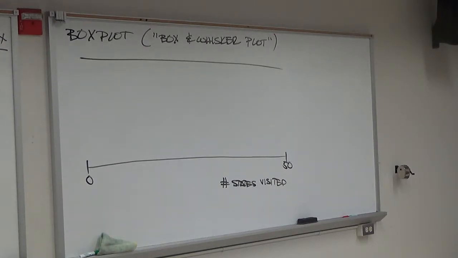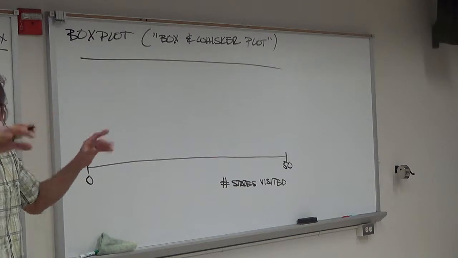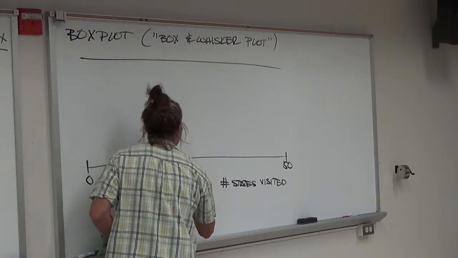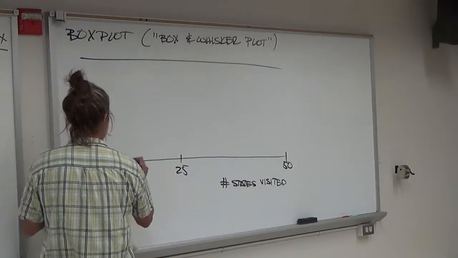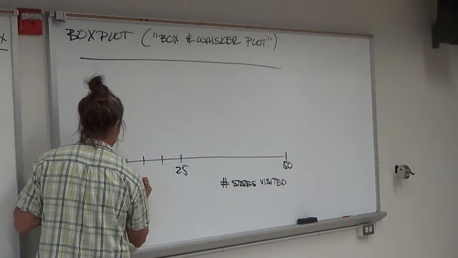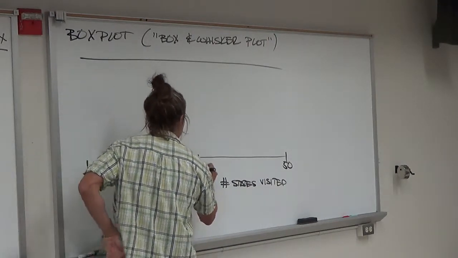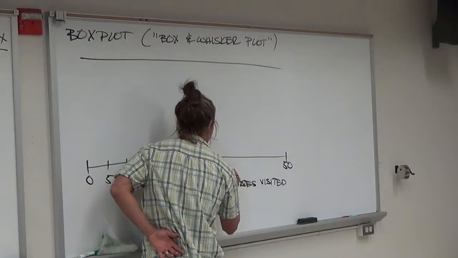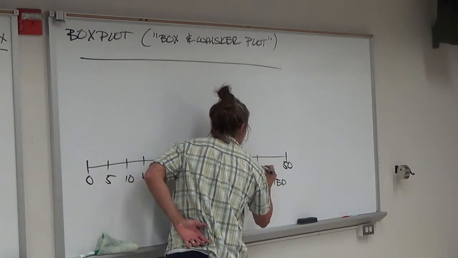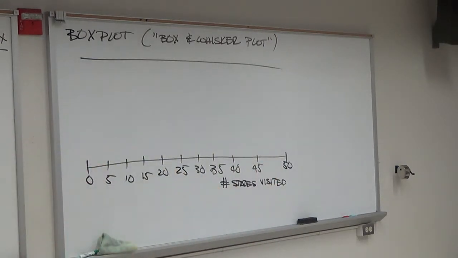Cool? All right. And then divide up the axis into regions. About 25 here. We go by 5s if you want. 10, 15, 20, 30. I got a little bit cramped on the 35 there, but you get the point.